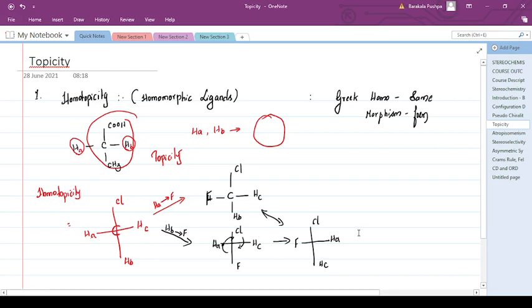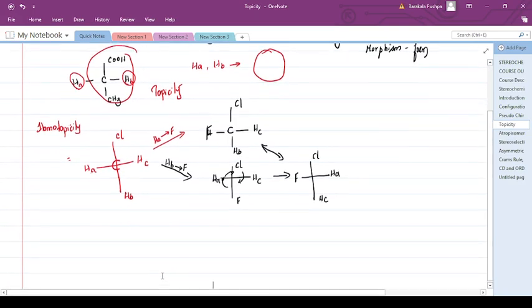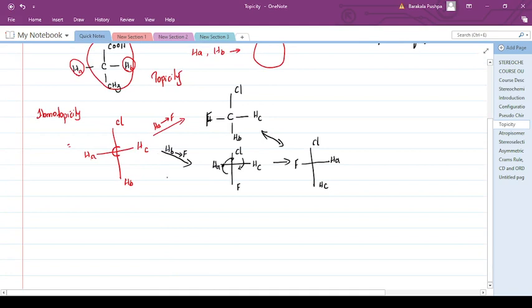Now in the same way replace another group here, that is HC. When you replace it, HC is replaced by fluoride. You have HB and HA.